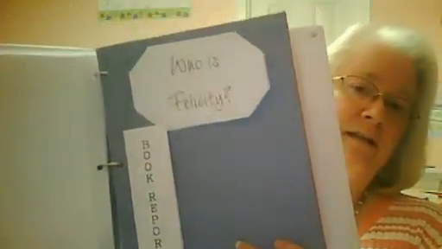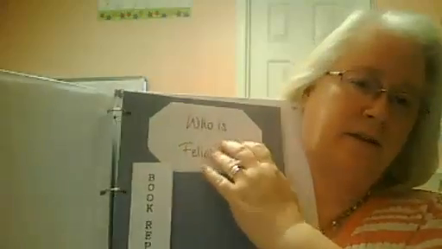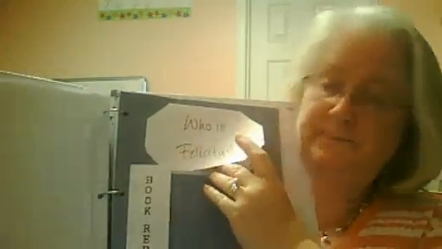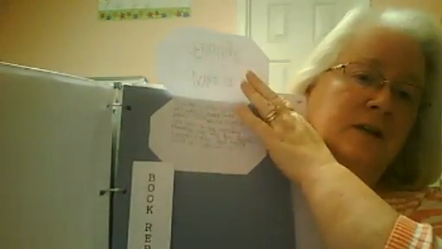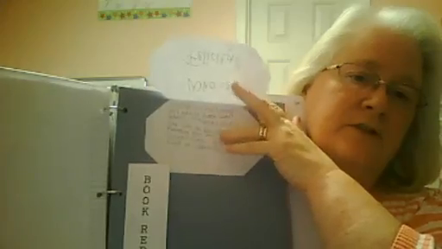I found a website that had some of the mini book kind of things, but instead of doing a lap book for every girl, which I didn't really want to do, we decided to put foldables in her notebook. This is what she's done. She has done Who is Felicity, and she's talked about who she is here.